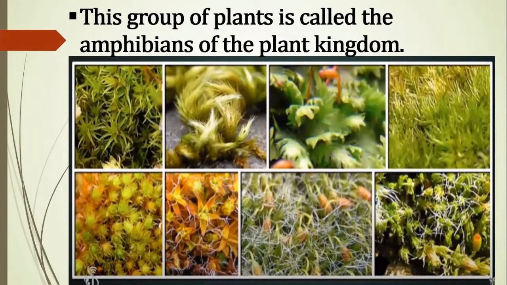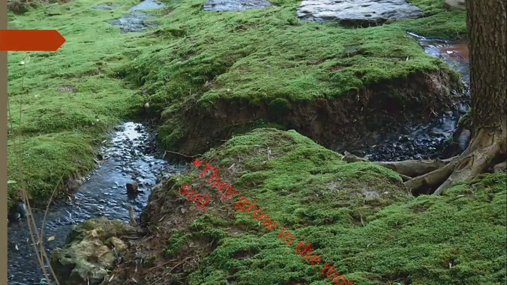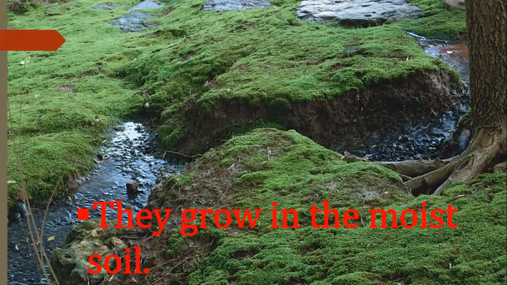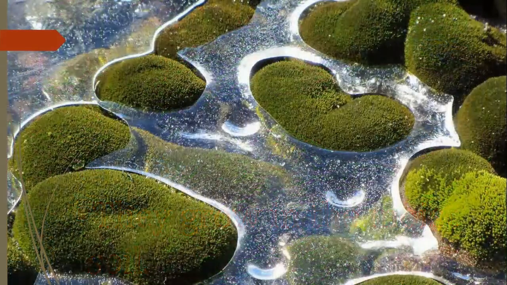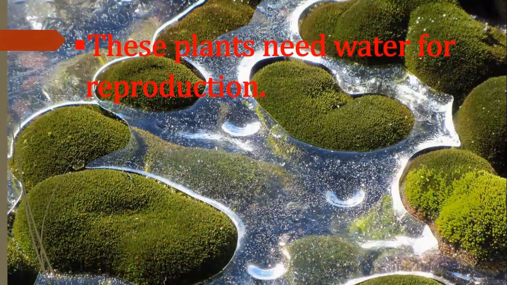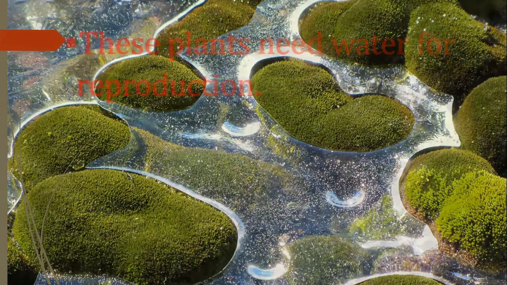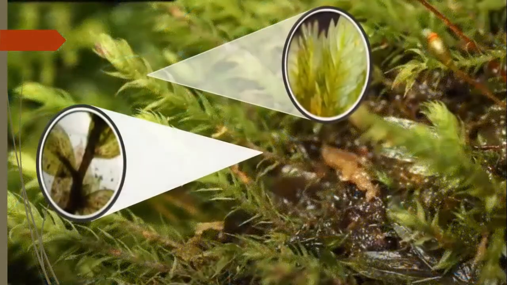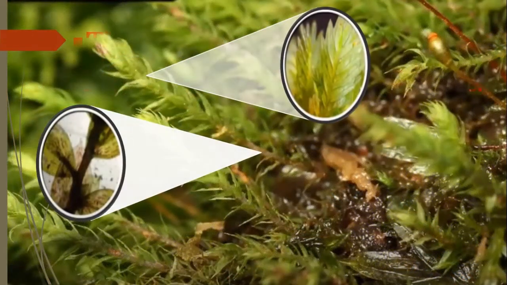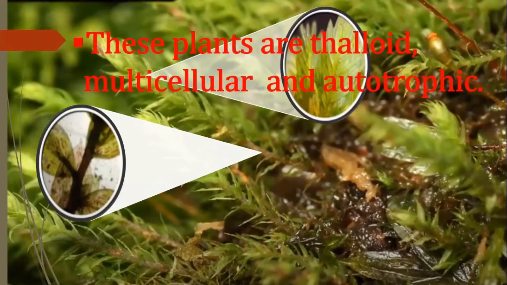This group of plants is called the amphibians of the plant kingdom because they grow in the moist soil. But they need water for reproduction. Students, these plants are thalloid, multicellular and autotrophic.